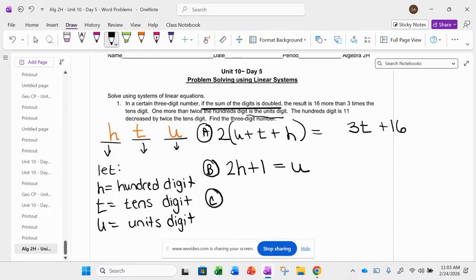One more equation I need. The hundreds digit is 11 decreased by twice the tens digit. So the hundreds digit, H, is, which means equal, 11 minus twice the tens digit.